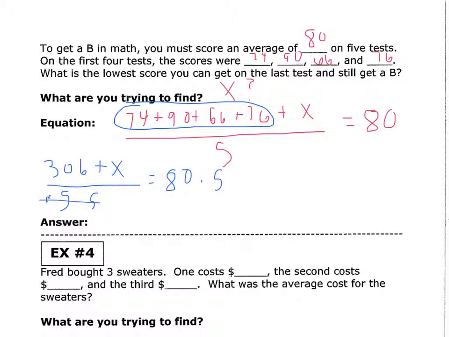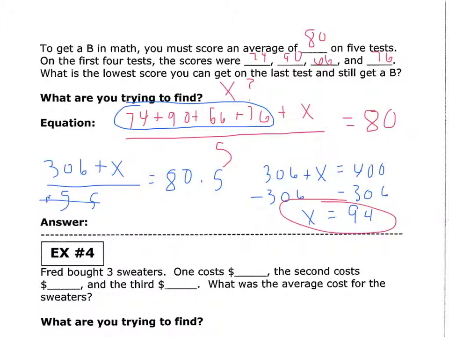That gives you 400. So we have 306 plus x equals 400. And then undo addition with subtraction. So x would indeed equal 94. And so on that 5th test, they're going to have to do really well and get a 94 on it.